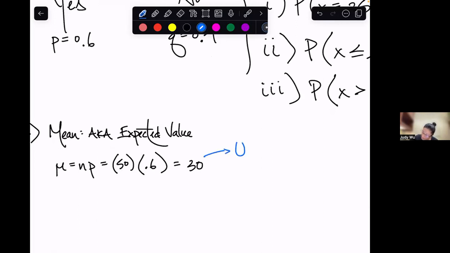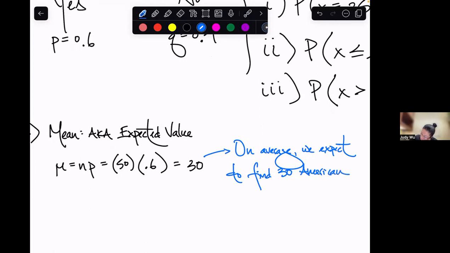This is the on average we expect to find 30 American adults who prefer saving.